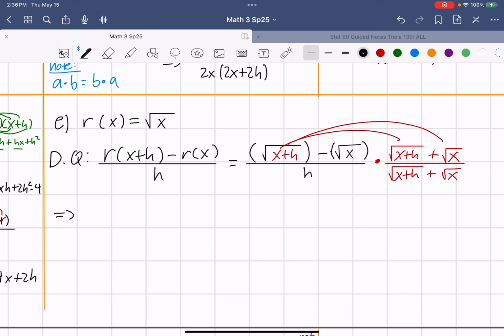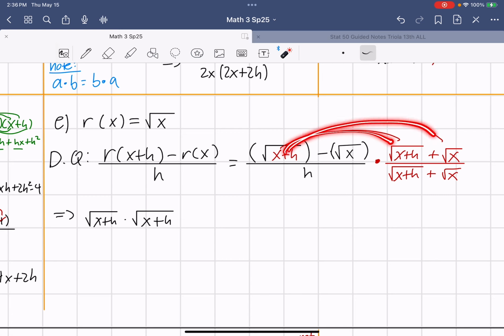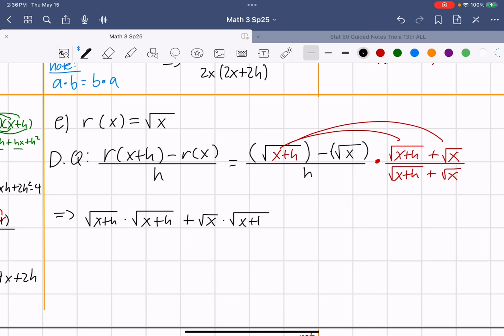So that distribution is going to be square root of x plus h times square root of x plus h. That's the first multiplication. Now multiply to the next one, which is plus square root of x times square root of x plus h. Now my second term is going to multiply to both, so that's negative square root of x times square root of x plus h, times square root of x times square root of x.